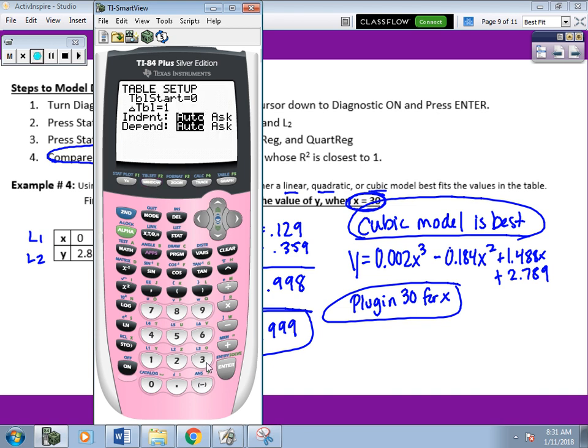You can tell it to start at 30. So what I did was I pressed second table set, and I'm going to press 30, go back to my table, and it actually jumps down to 30 for you. But you could obviously just scroll. And I get negative 61.85.